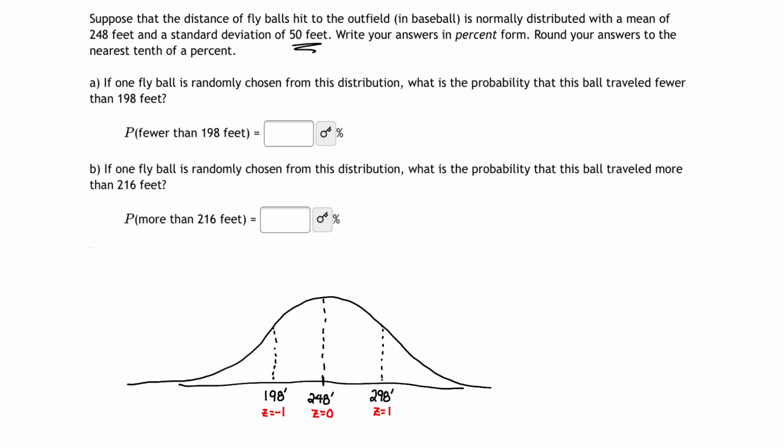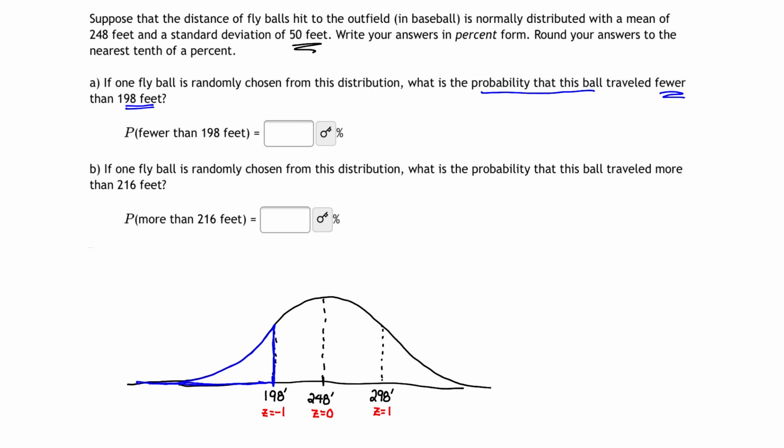So for question A, what is the probability that the ball traveled fewer than 198 feet? Looking at my standard normal curve, and my x-axis, which is the feet the ball traveled, where am I looking for fewer than 198 feet? Well, the balls being fewer than 198 feet is to the left of that marker.